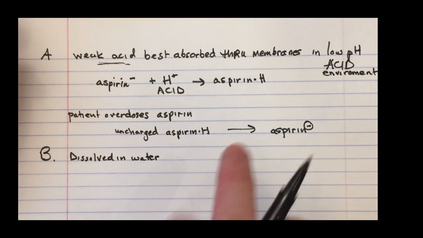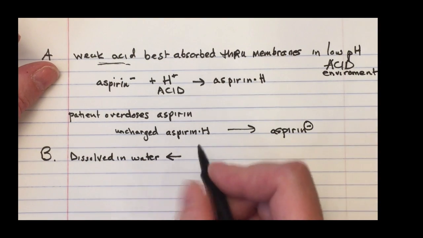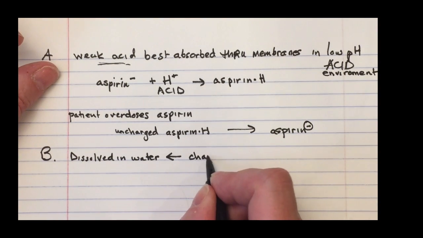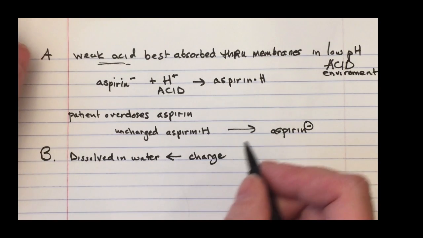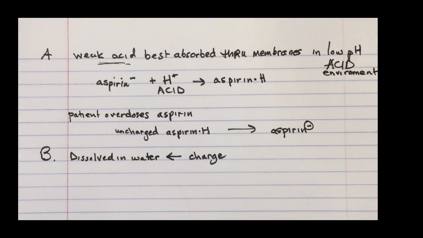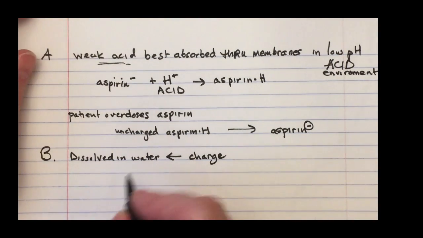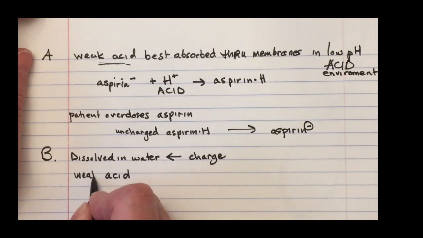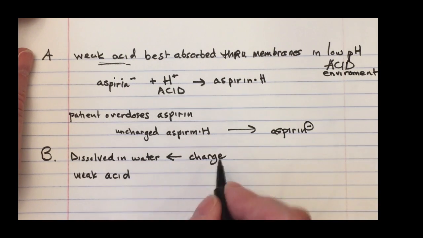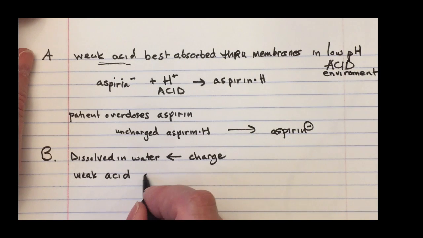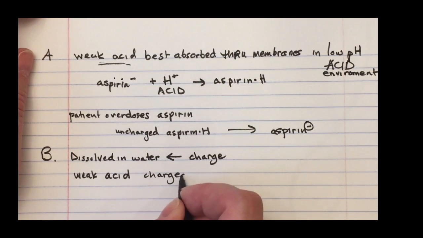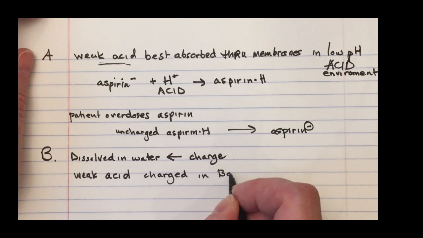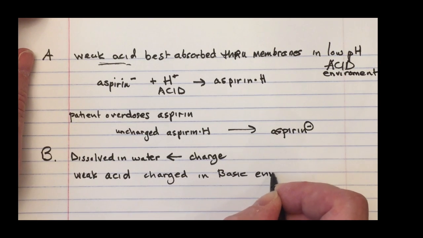Okay, so if it's dissolved in water, it's going to be best dissolved in water if it has charge on it, right? So if you want, say, a weak acid to be dissolved in water, that's going to be charged in a basic environment, right?